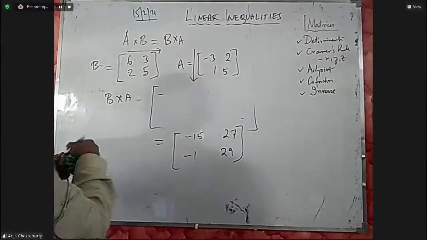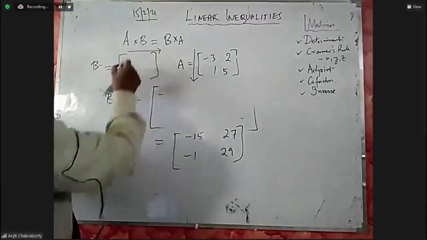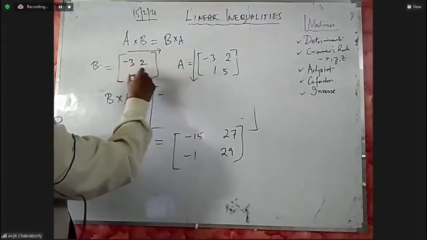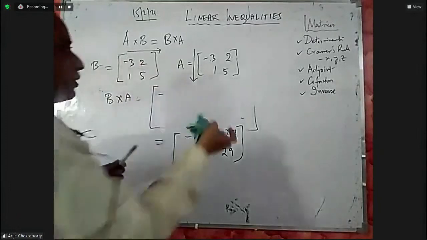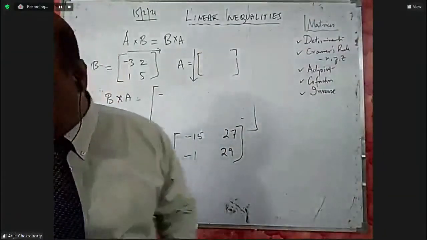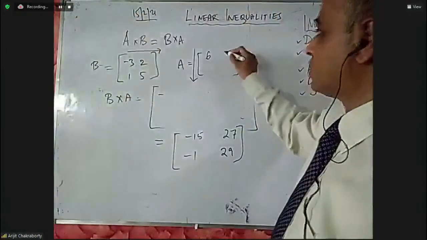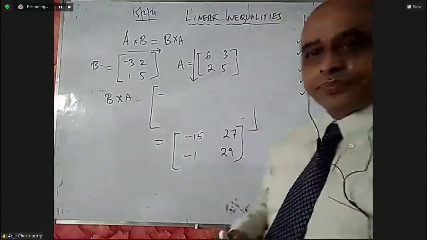So -3, 2, 1, and 5. And in place of A, what I will write is, what is A equal to? 6, 3, 2, and 5.